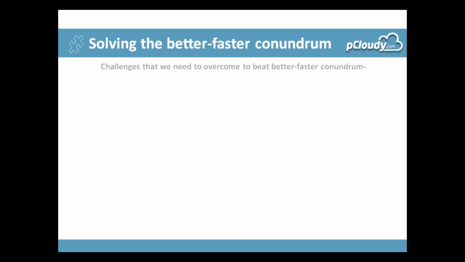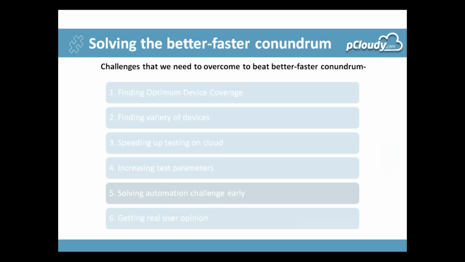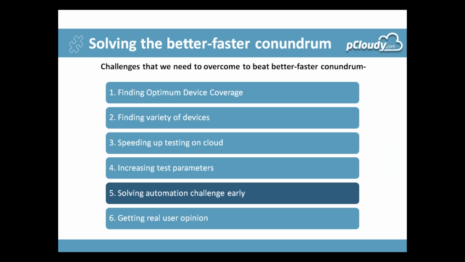So moving on to the next challenge. One of the success parameters of any mobile app testing strategy is solving the automation challenge. Because we talked about testing on a variety of devices, the impact of operating system changes, and how it increases the regression effort, that can only be managed if we have an automation strategy in place.